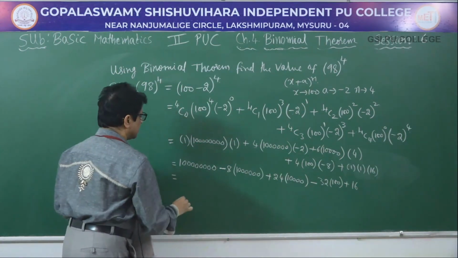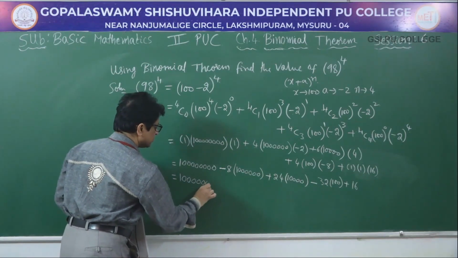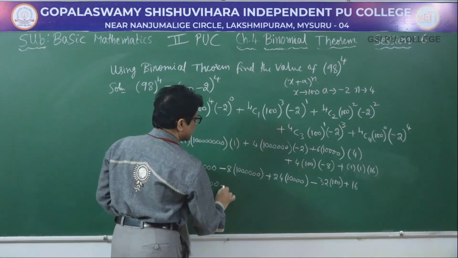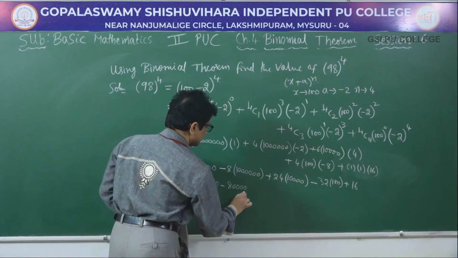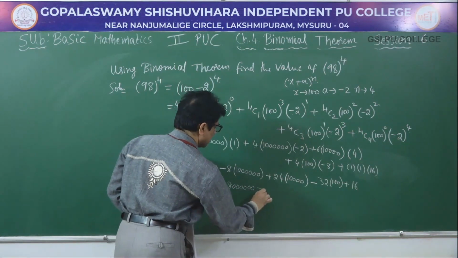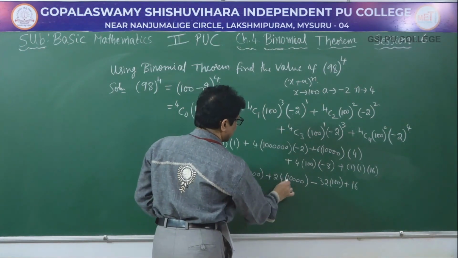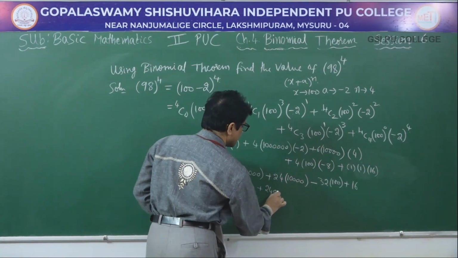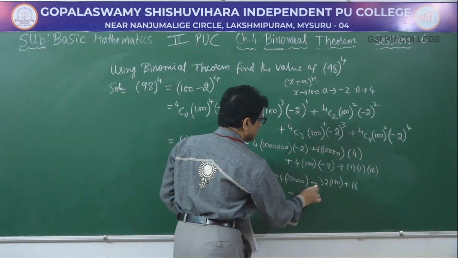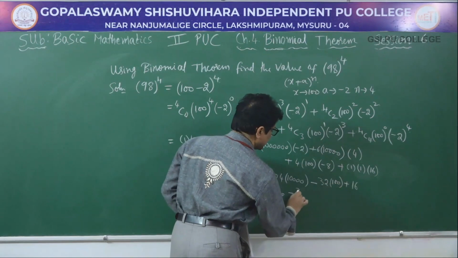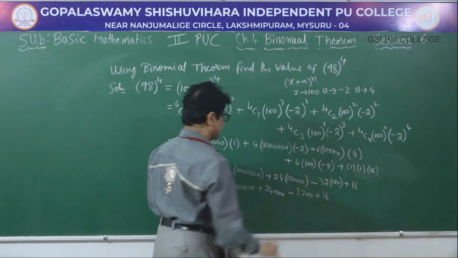So that will be equal to 1 followed by 8 zeros minus 8 followed by 6 zeros plus 24 ones are 24 followed by 4 zeros minus 32 into 100 is 3200 plus 16.